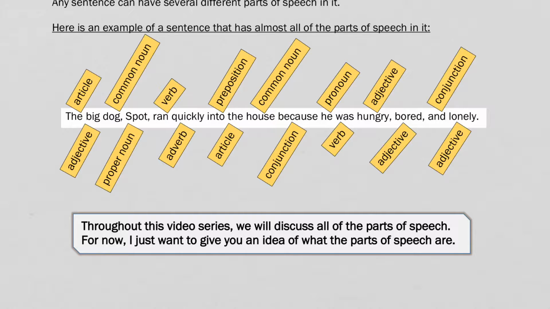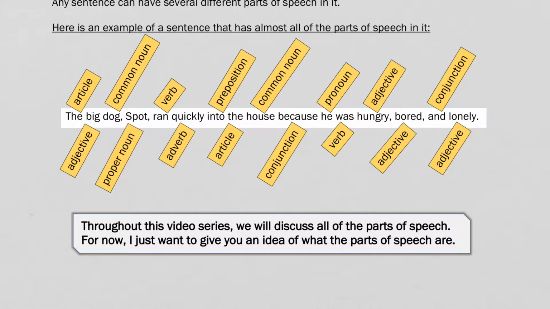Into is a preposition. Think of prepositions as short words that add more detail about what's going on, right? Into the house, right? Where did the dog run into? Into the house. So that word into is needed for the sentence to make sense.